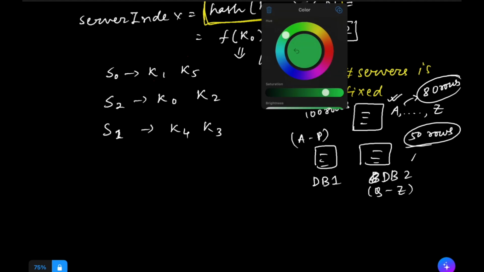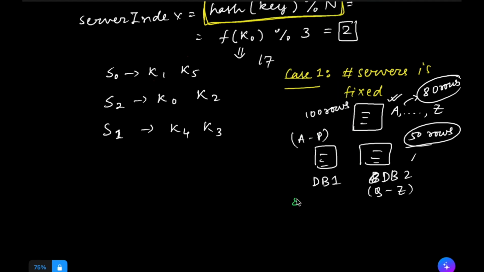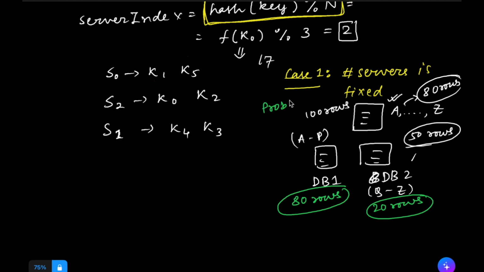What will happen in this scenario is that 80 rows will be mapped to database 1 and the remaining 20 rows will be mapped to database 2. So we have an uneven distribution of data here. This is one of the problems we have if we keep the number of servers fixed but have a huge amount of data coming in and being stored in this database server. So this is problem 1 which we faced.